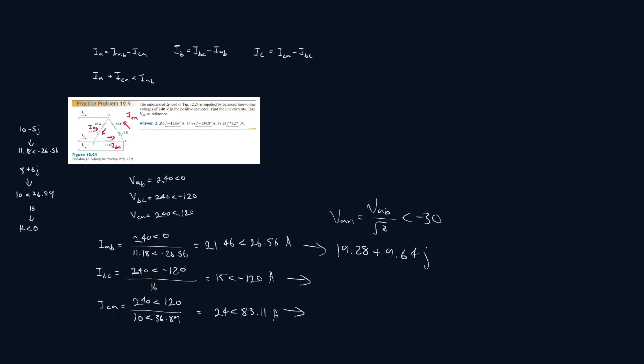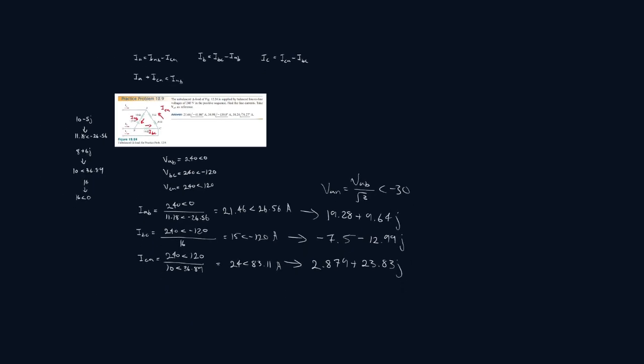IBC is minus 7.5 minus 12.99J. And then ICA is 2.879 plus 23.83J.